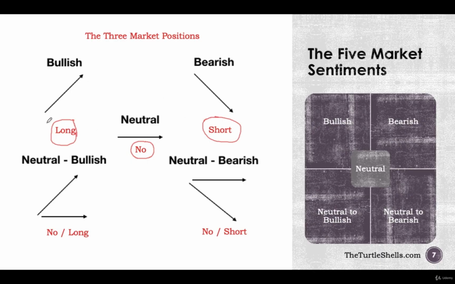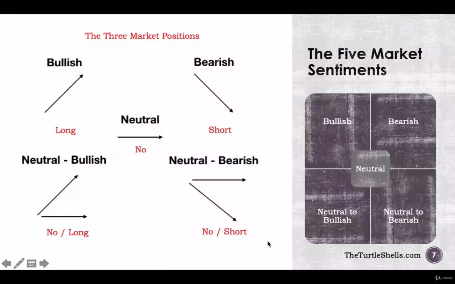Okay, so there is a long position for a bullish view, a short position for a bearish view, and no position for a neutral view. For neutral to bullish, either you don't take any position, or if you feel that there are chances that the market will go up, you take a long position. Same goes with neutral to bearish. Either you take no position or you take a short position.